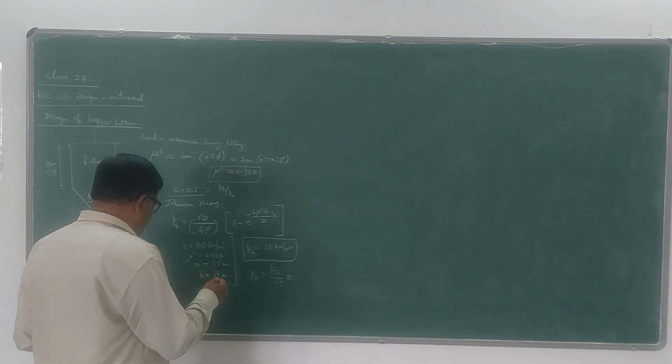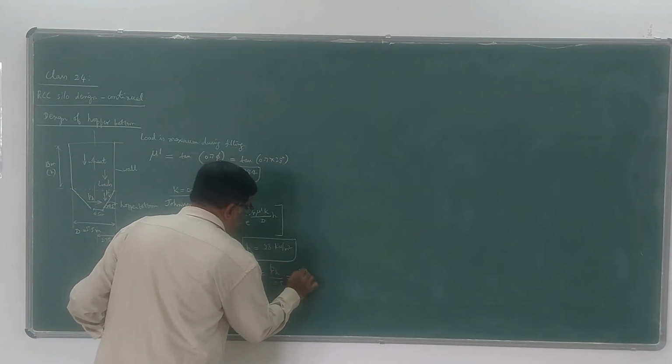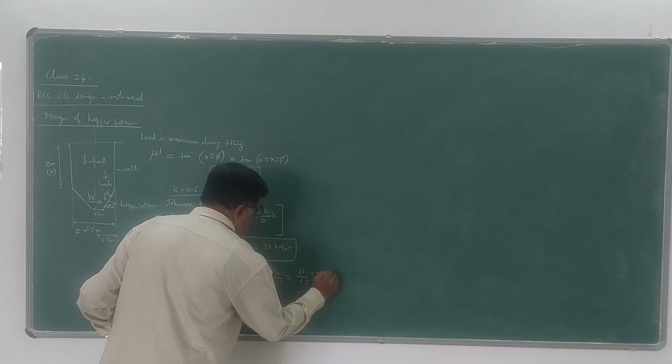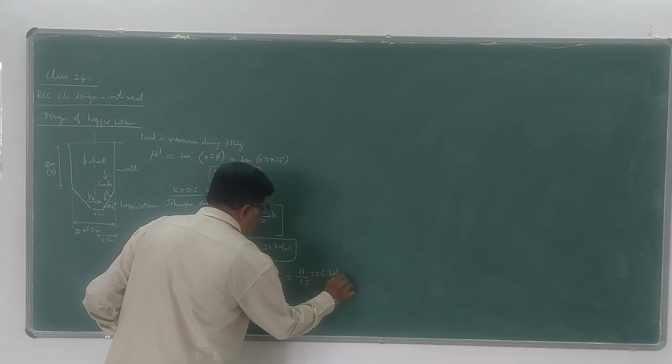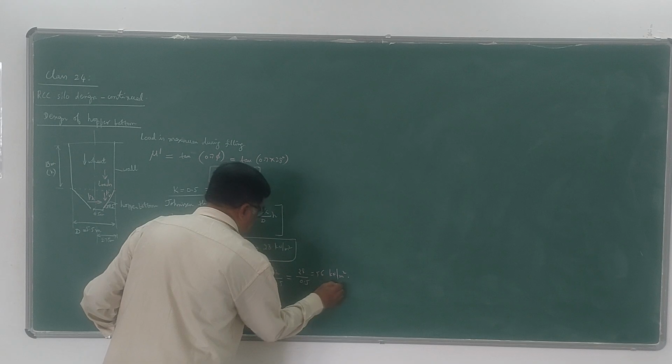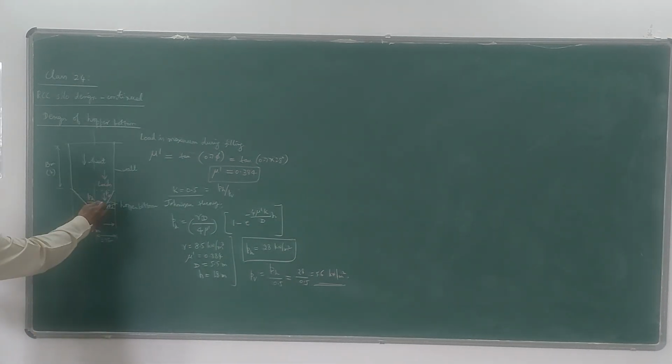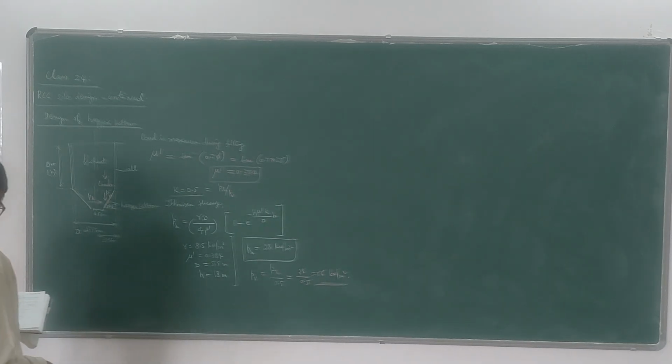So 28 divided by 0.5 comes out to be 56 kilonewton per meter square. This is the vertical pressure on the upper bottom.